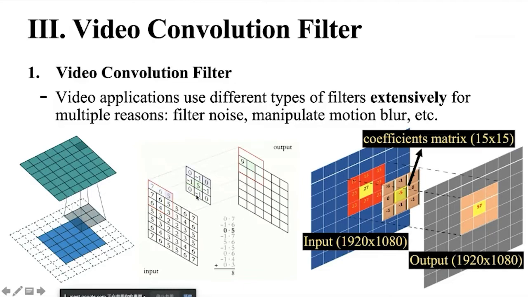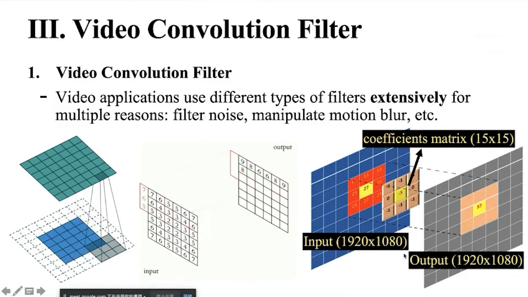We select an input pixel and then extract a submatrix whose size is the same as the filter. We calculate the sum of products of them, and that is the output pixel's value. The filter moves from left to right and from top to bottom. The size of the frame here is 1920 times 1080, and the size of the filter is 15 squared.